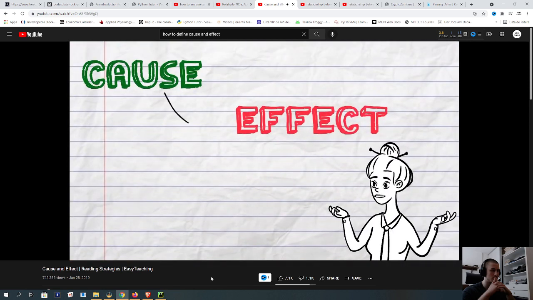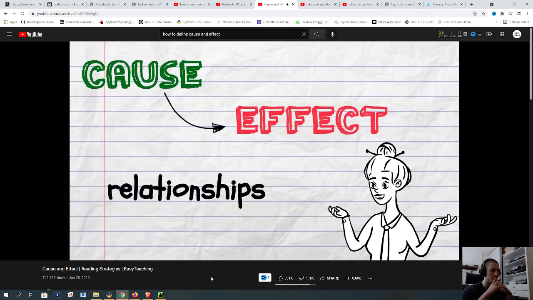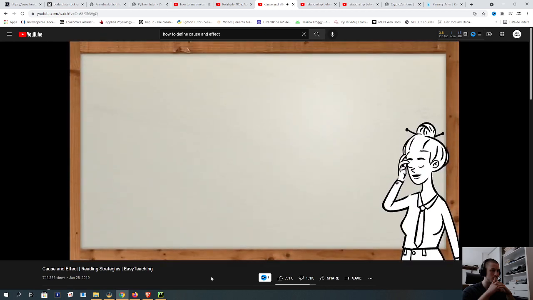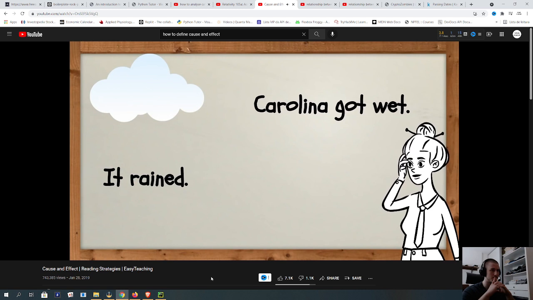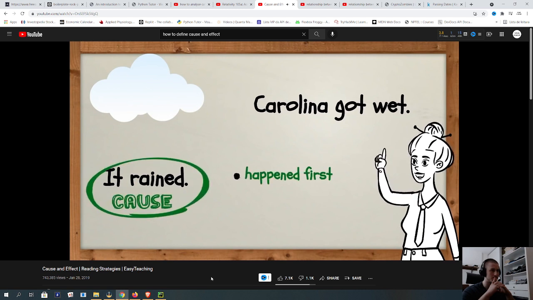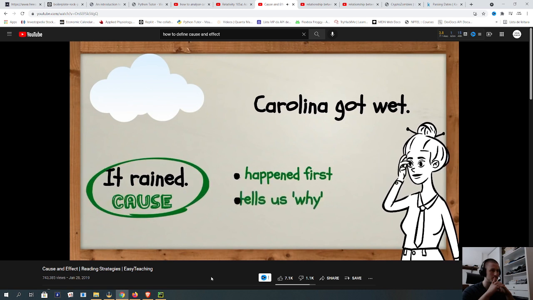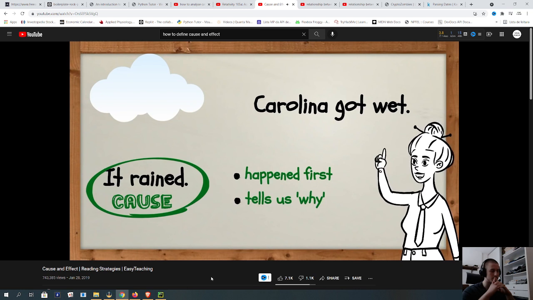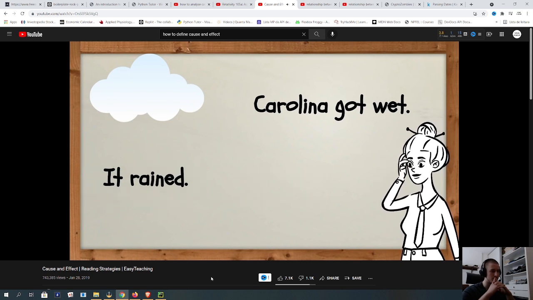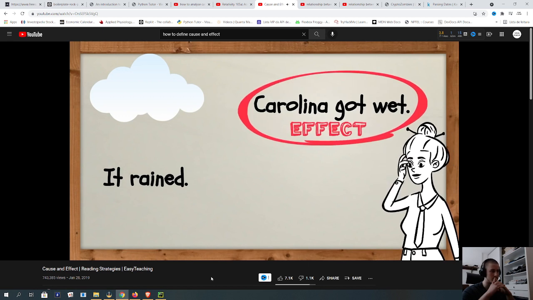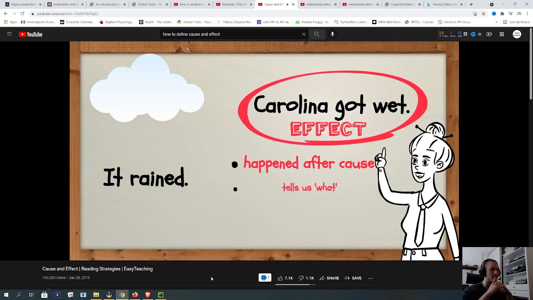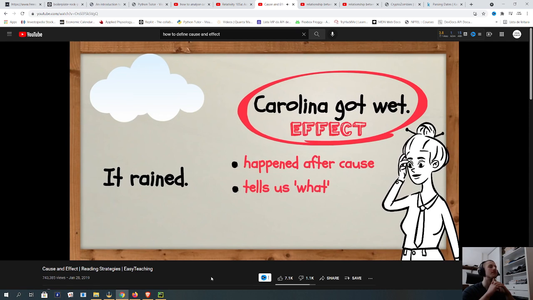Let's look at some cause and effect relationships. It rained. Carolina got wet. It raining is the cause because it must have occurred first, and because it tells us why Carolina got wet. Carolina getting wet is the effect because it had to have happened after the cause, and it tells us what happened.